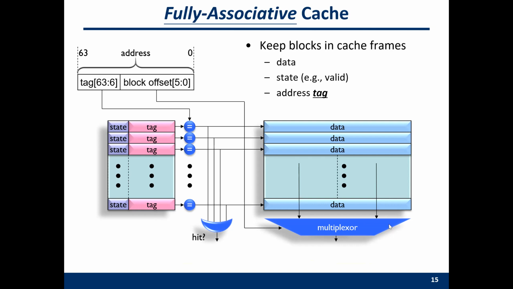So the general structure of the cache includes the tag array and the data array. So you can see that we have 2 arrays here, tag and data.